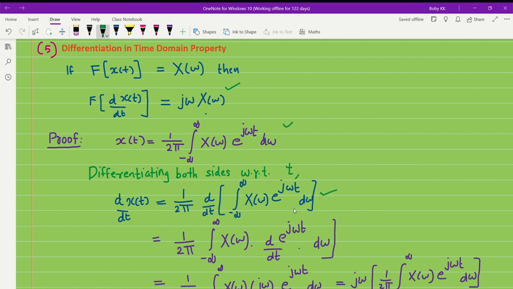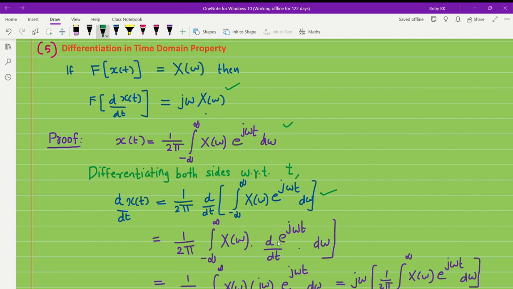Here again we are differentiating with respect to t. So the differentiation is applied only to the function which contains the variable t, that is e raised to j omega t.